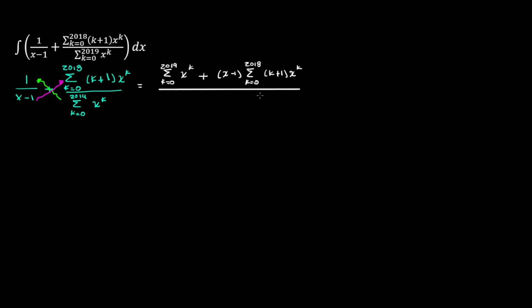Then it goes over a fraction, and at the bottom we have the multiplication of the denominators, so it'll be x minus 1 times summation from k equals 0 to 2019 of x raised to the k power.